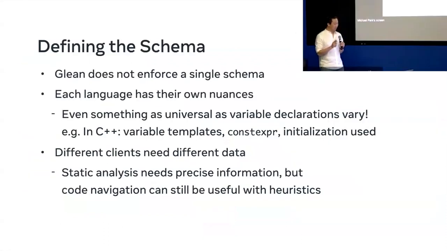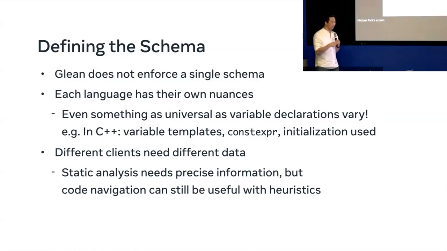And so in the middle of it, we need to be able to communicate with all of the indexers and also to all of the clients, right? And so that brings us to the need of a schema, because we need some protocol to be able to communicate between these different components. But Glean doesn't enforce a single schema. If you've seen systems like this before, typically they'll have a single schema that you need to basically conform to.